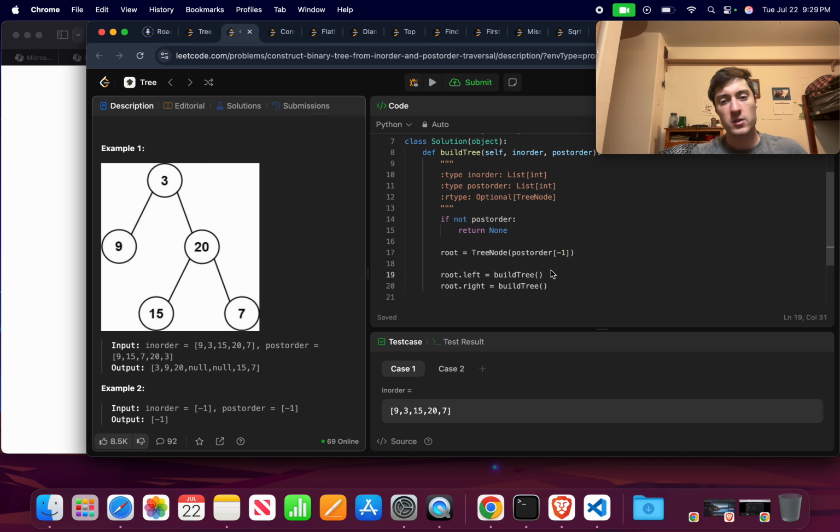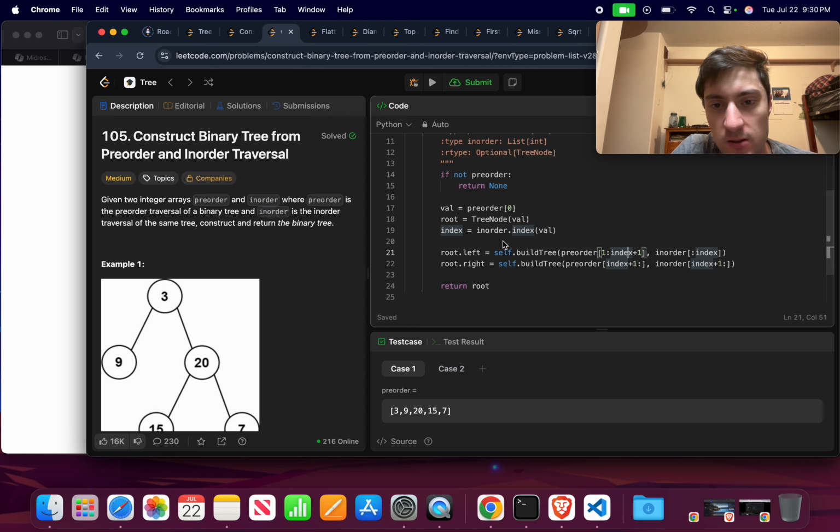So I want to build the left tree, and I need to pass in the in order and the post order. Do I need to loop through and find this middle point? Okay, I'm going to look back up here. Index, yeah.